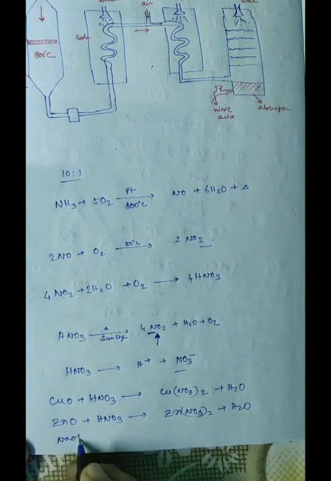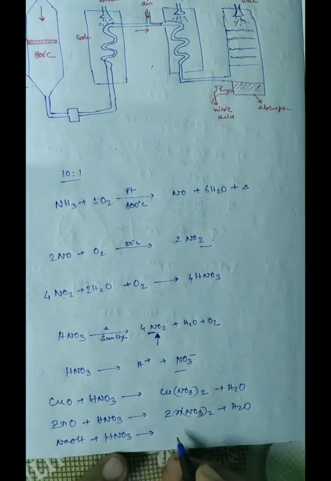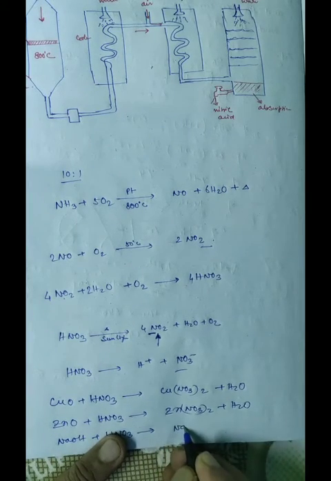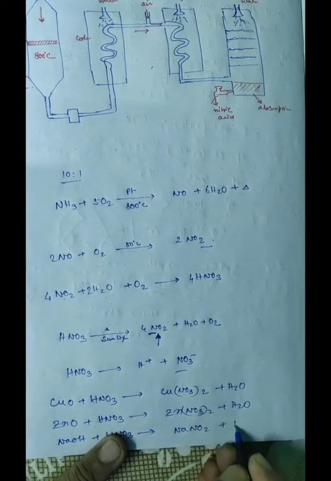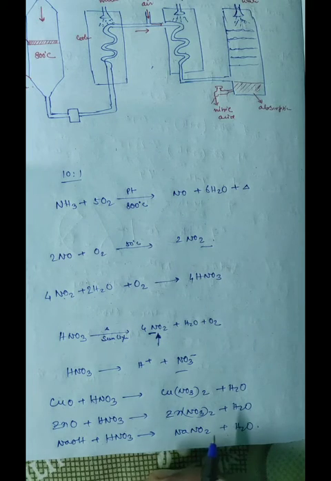Now sodium hydroxide reacts with nitric acid to give sodium nitrate plus water. In the same way, when a carbonate reacts with nitric acid, it will give metal nitrate plus water plus carbon dioxide.